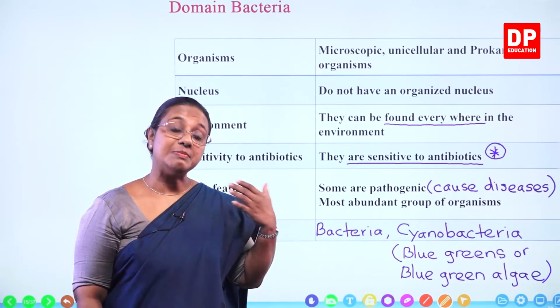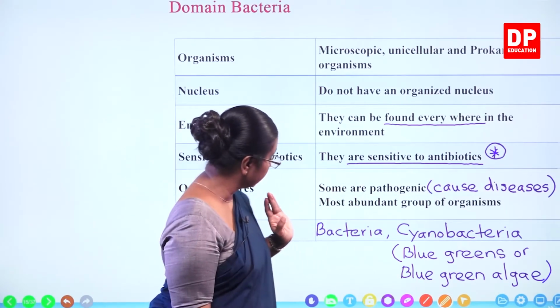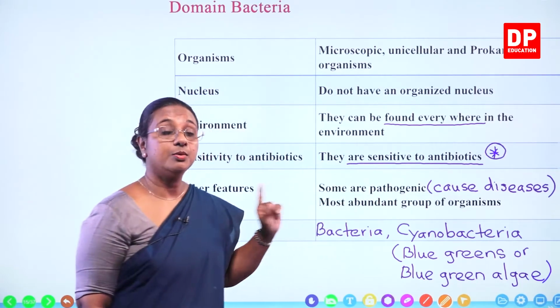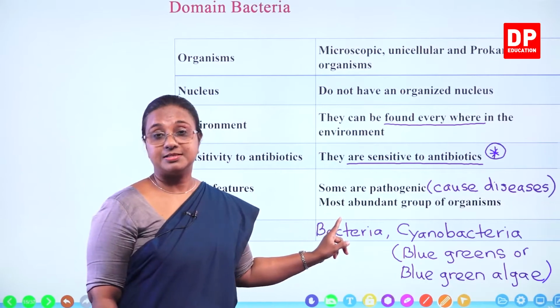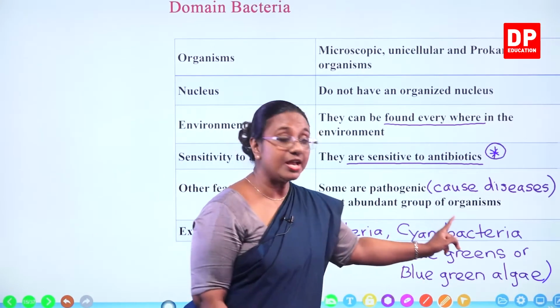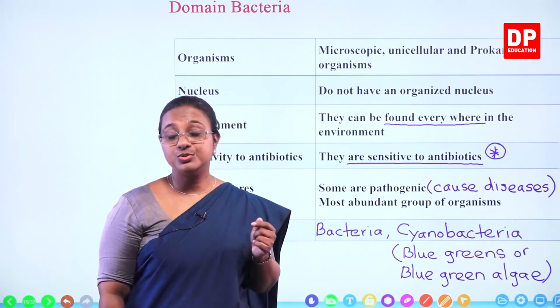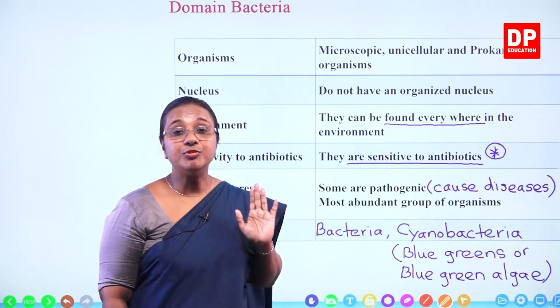The host can be man, plants or animal. So those are the diseases. But some of them, here it says some are pathogenic. Why is that? Because bacteria is pathogenic when they cause diseases. But as I told you, cyanobacteria, they have chlorophyll. Then they can produce their own food. So they don't become pathogenic. So you have to remember that.